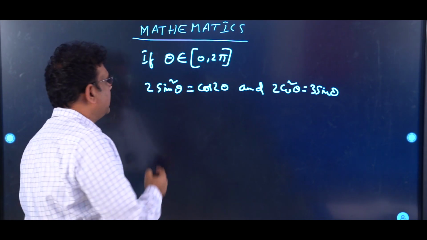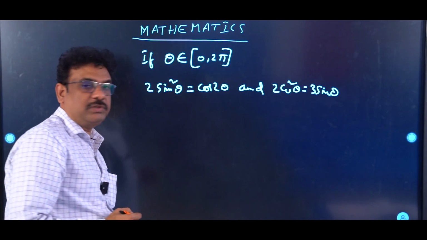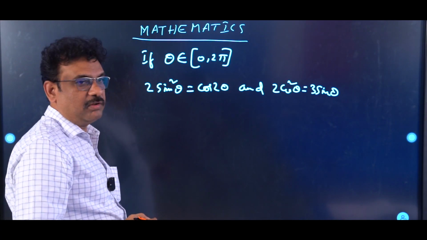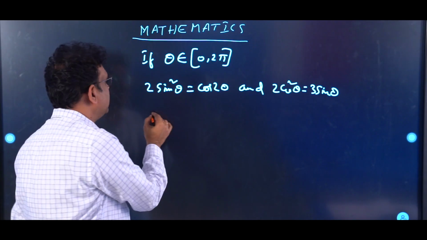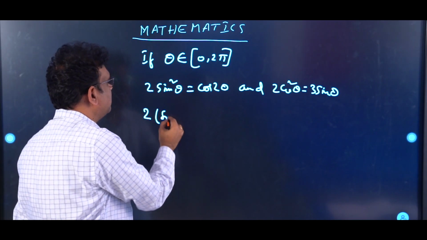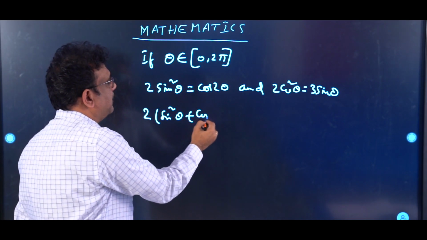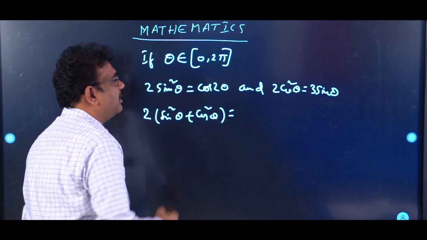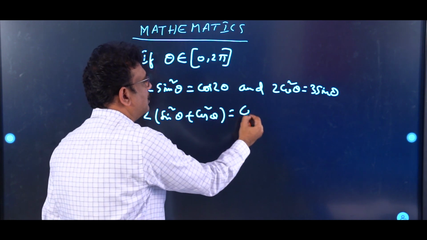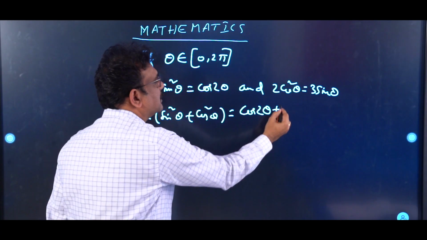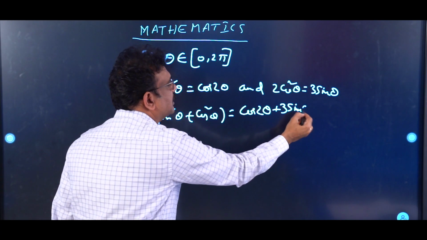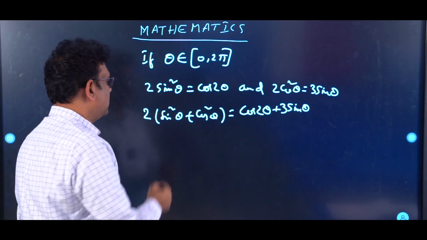Now we are given 2 sin square theta equal to cos 2 theta and 2 cos square theta equal to 3 sin theta. So adding these two equations, we get 2 sin square theta plus 2 cos square theta equal to cos 2 theta plus 3 sin theta.